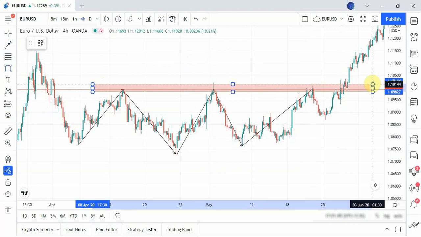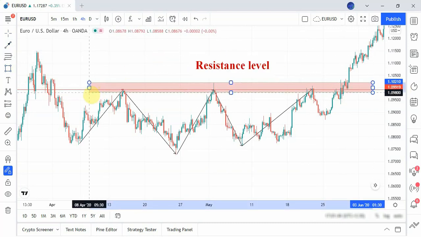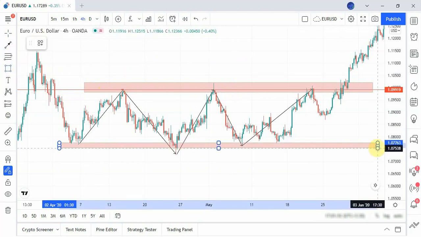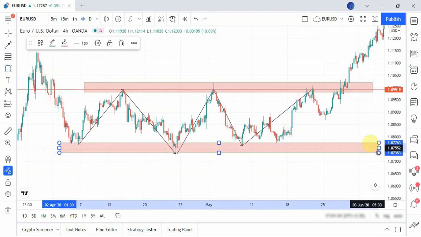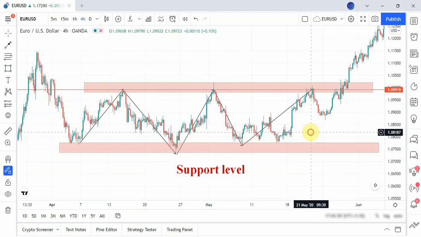Now we have this area here which acts as a strong resistance level, and on the other side an area of value which is considered a support level at the bottom.